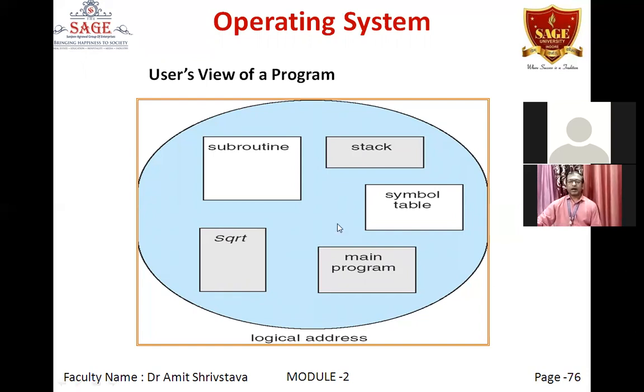So again, it will be having both external as well as internal fragmentation, as we have already seen in our previous lectures. But the benefit is that when I load the complete program, the contiguous memory requirement is much more than when we load these segments.